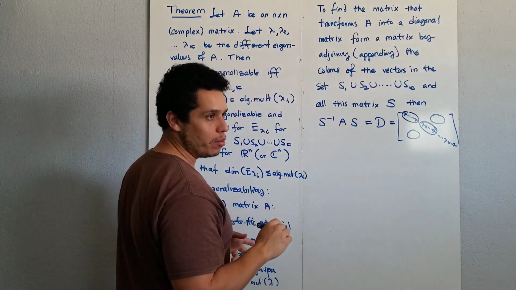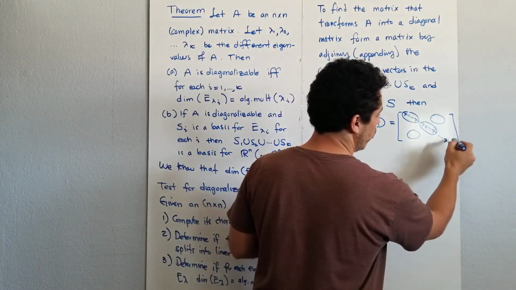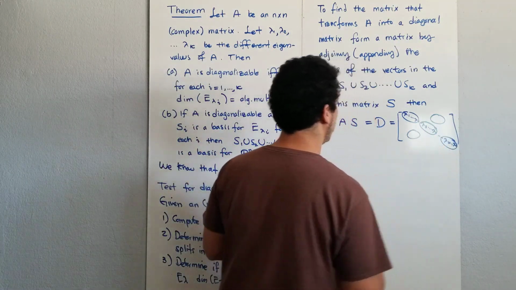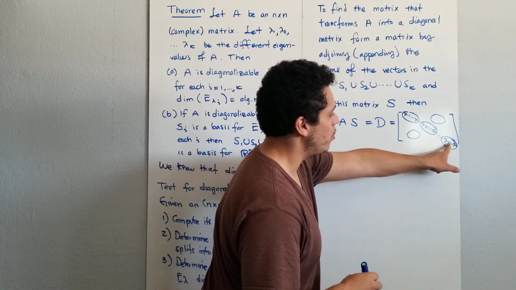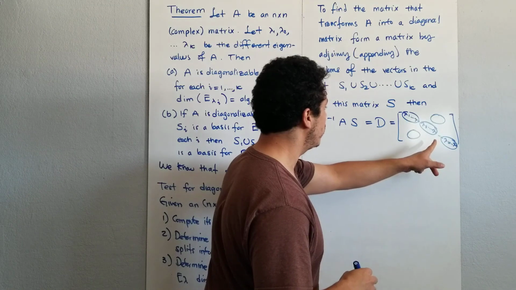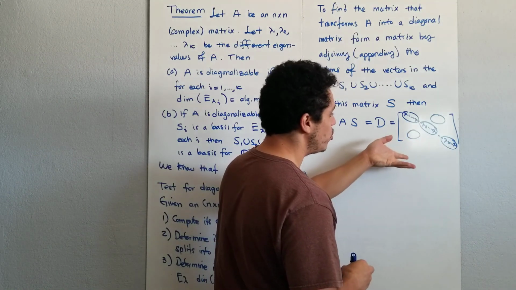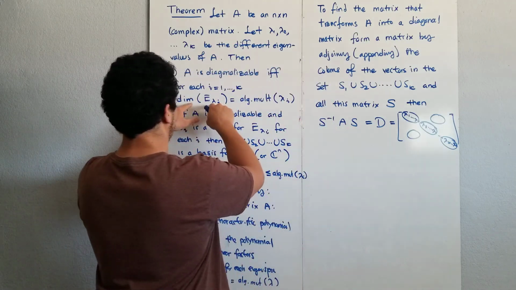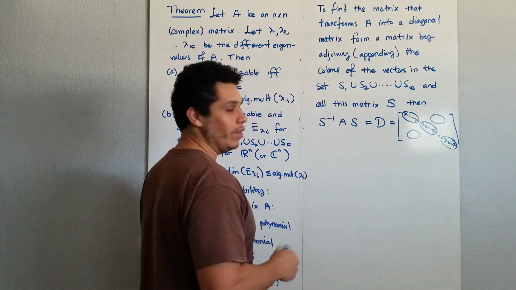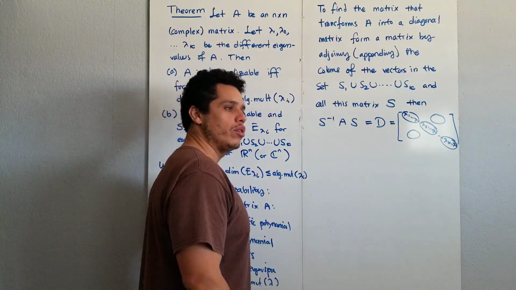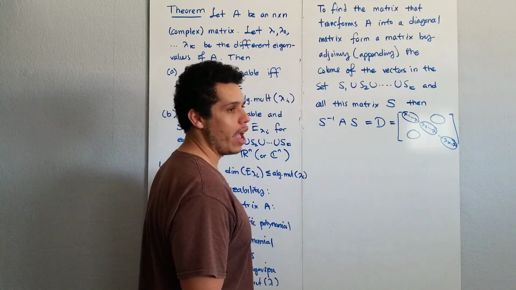Well, as many times as the multiplicity of lambda 2. And so on until we find the last one, who says, how many times do I see the copies of lambda k here in this diagonal matrix? Well, as many times as you see members of this element here. So, with this we conclude the topic on diagonal matrices.